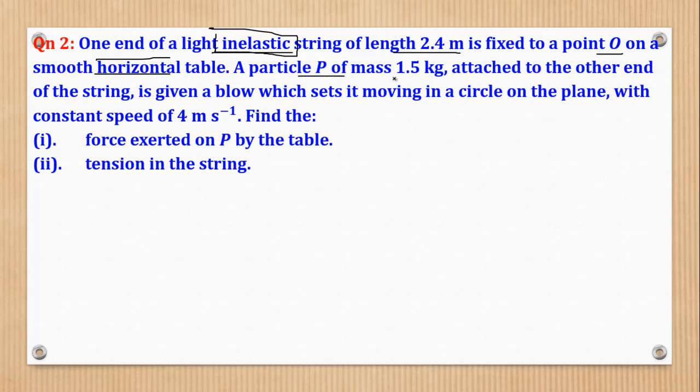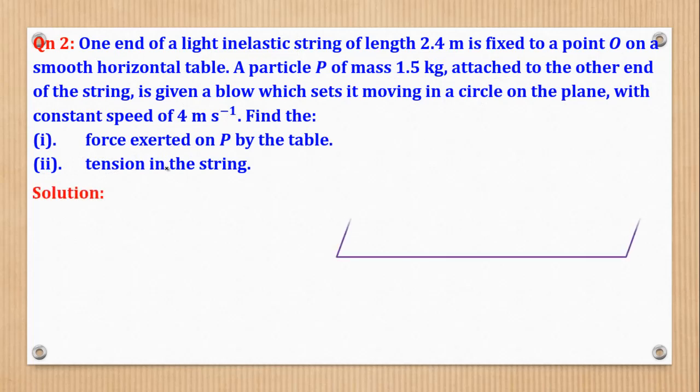A particle P of mass 1.5 kilograms attached to the other end of the string is given a blow which sets it moving in a circle on the plane with constant speed of 4 meters per second. Now this is linear speed. Find Roman 1, the force exerted on P by the table, and Roman 2, the tension in the string.